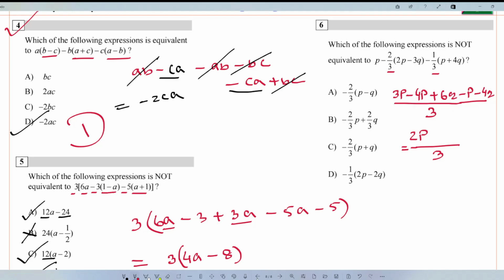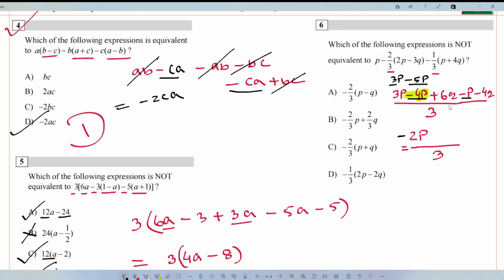Here is also another thing. Look, we already have minus 4p. So look, 3p and minus 4p minus p, it will become minus 2p. How? Minus 4p and minus p will become minus 5p, and 3p minus 5p means minus 2p.